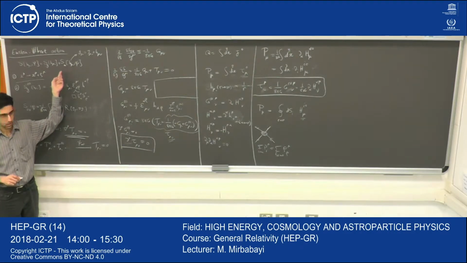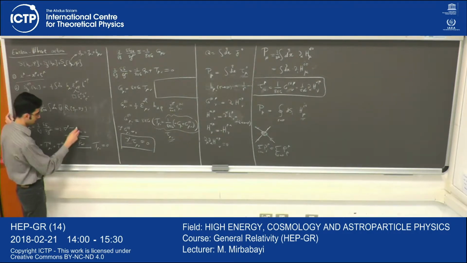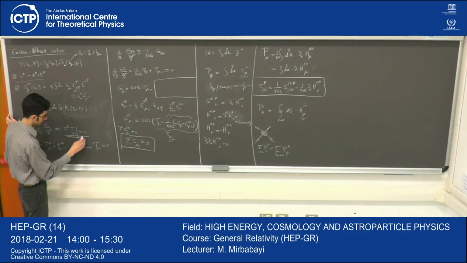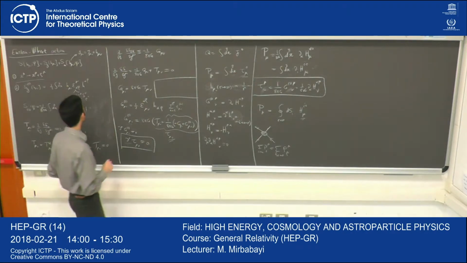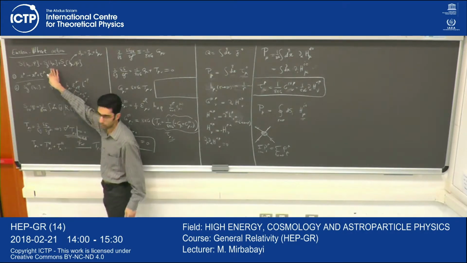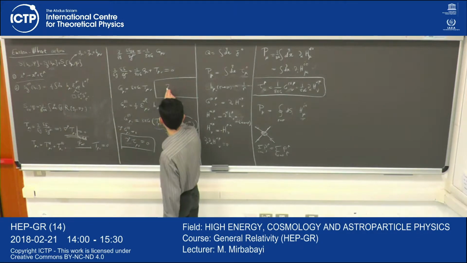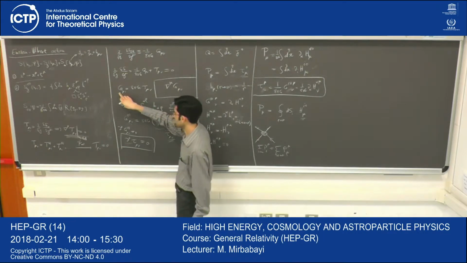So we showed that this is zero if I go on shell. Right? The same argument applied to the gravitational action implies that the G mu nu, this Einstein tensor, is also conserved covariantly.